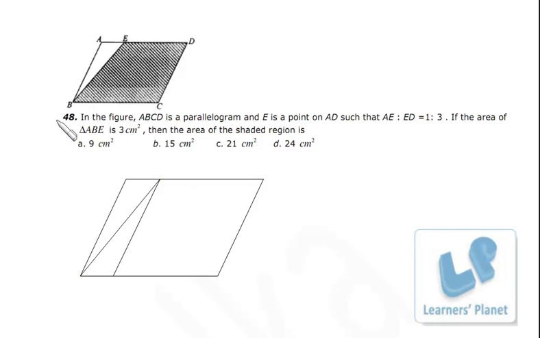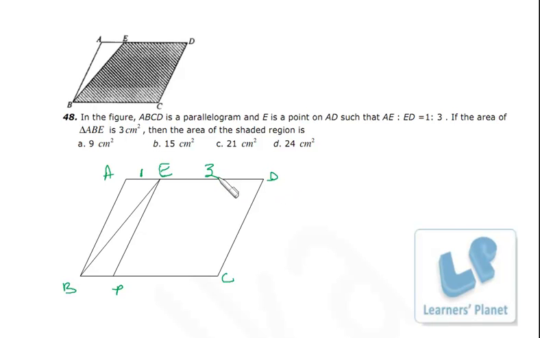Now suppose I write A, E, D, C, B. This is actually one part and this is 3 part. Now AEBP is also a parallelogram, right? That is also a parallelogram, and the base of this is 1/4 of the entire parallelogram.